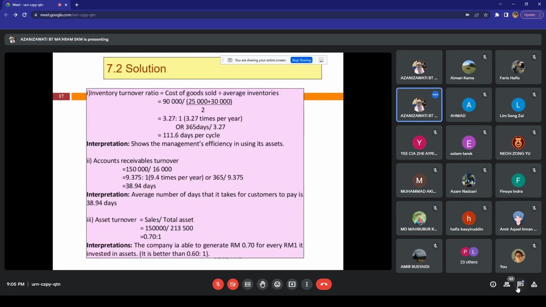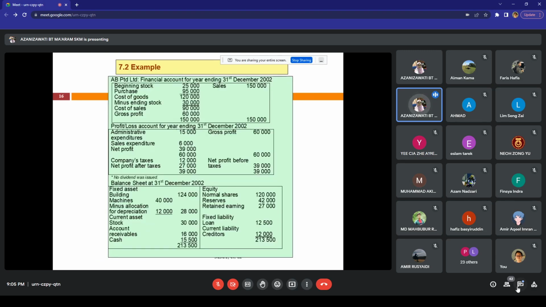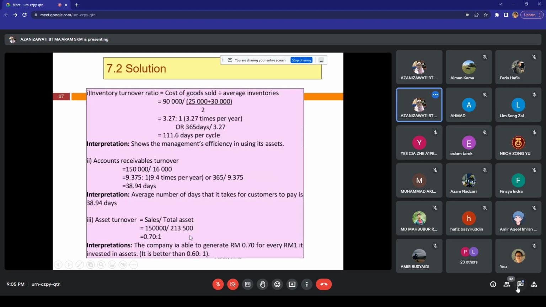Okay. So account receivable turnover is the sales divided by account receivable. So meaning you have your sales 150,000, okay, divide by your accounts receivable here 16,000. So therefore you get 9.4 times per year.